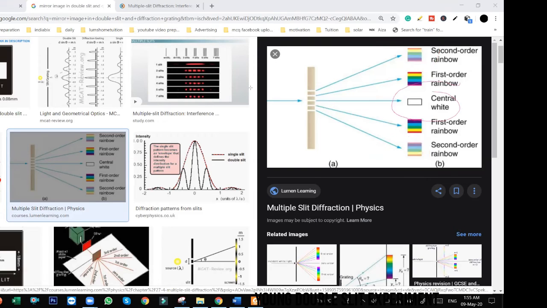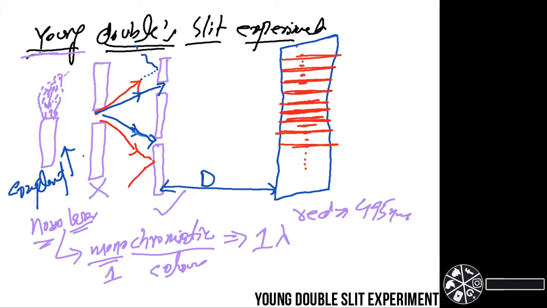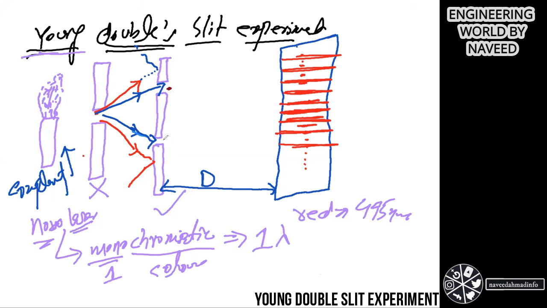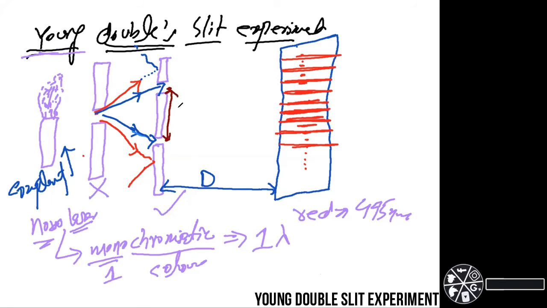I know the middle one. I'm talking about this one and this one. Why is it bright here and here? Actually, this distance and the light coming from here are doing constructive interference. This distance will be equal to s, small s, from this slit's central point.